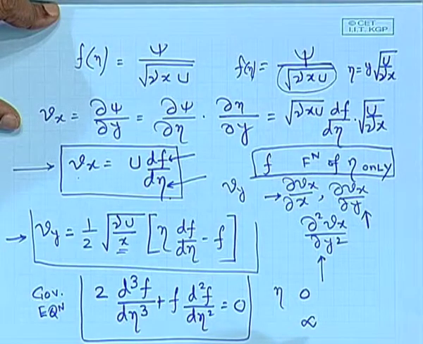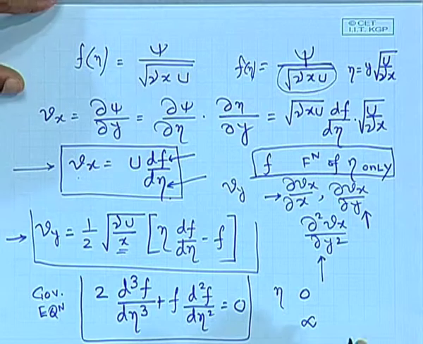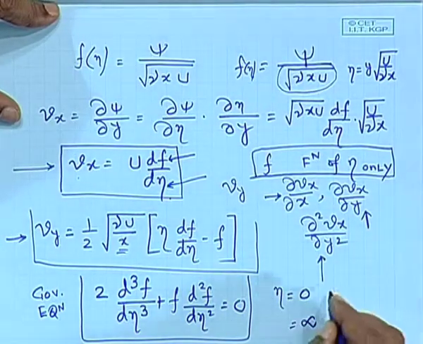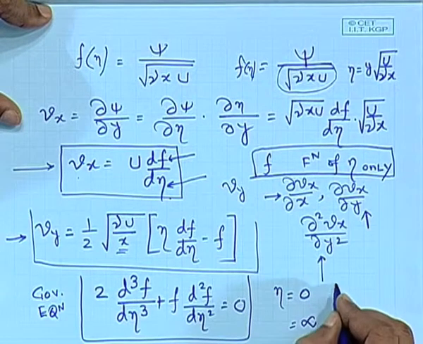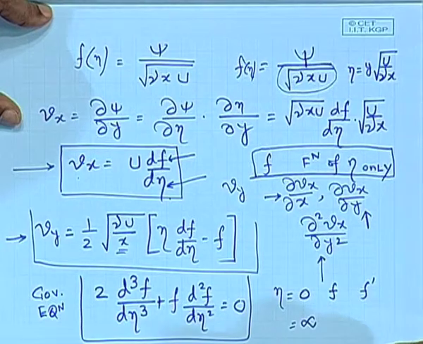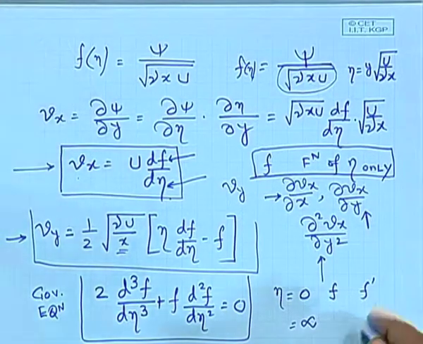So, eta is going to be 0 at y equal to 0 and eta is going to be infinity when y is equal to infinity. At these two conditions, I need to find out what would be the values of f or f prime or f double prime. Those would be my conditions.